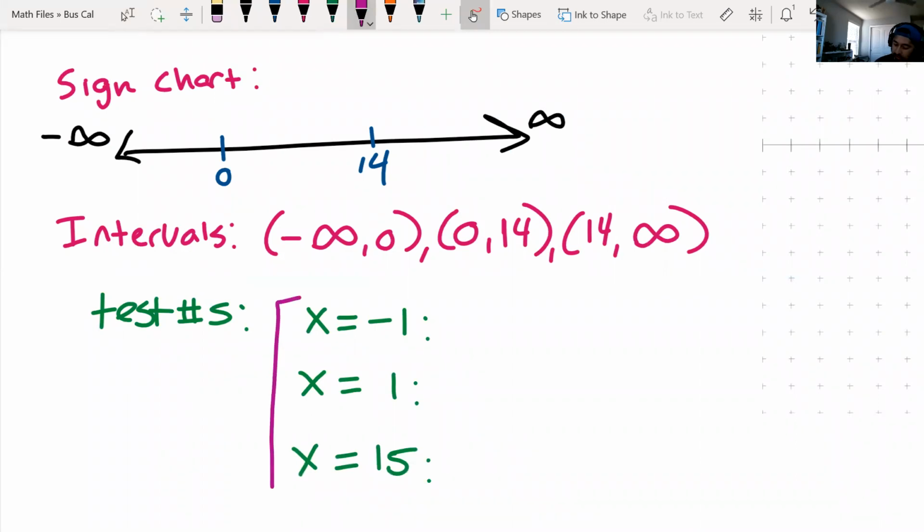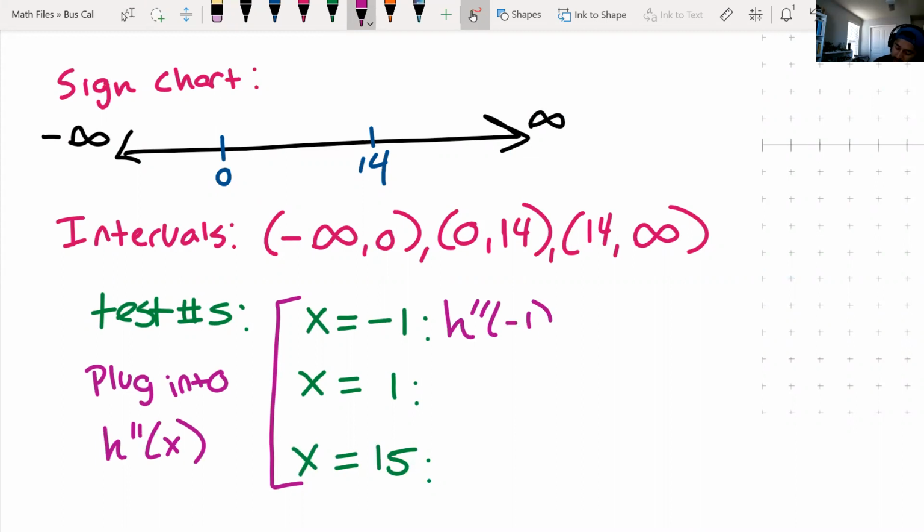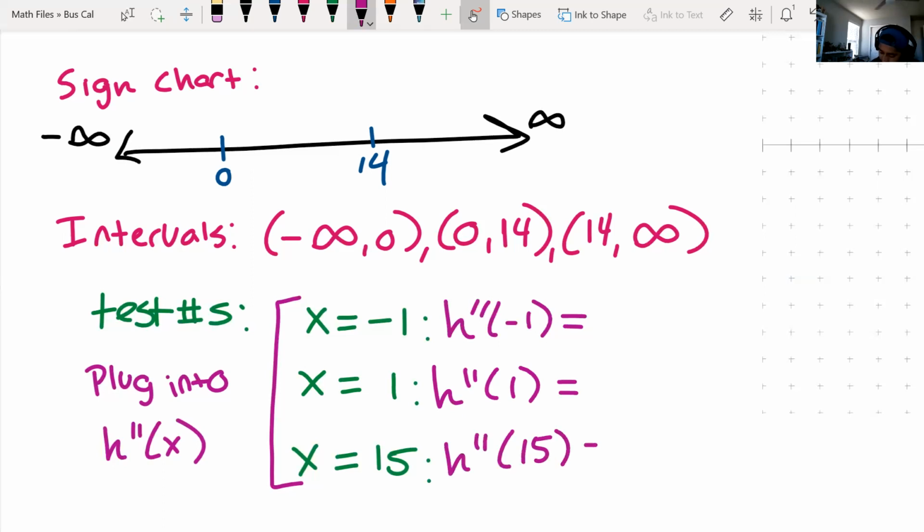This is a sign chart for the second derivative, so you must plug into the second derivative. It's labeled h, so h double prime of x. So h double prime of -1, h double prime of 1, and h double prime of 15.